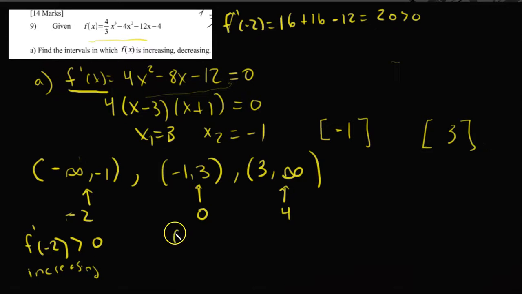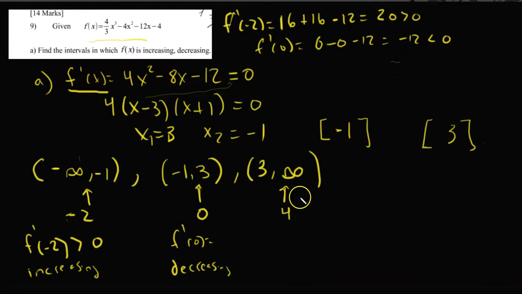F prime of 0 would give you 0 minus 12, which equals negative 12, which is less than 0. Then the function here is decreasing.